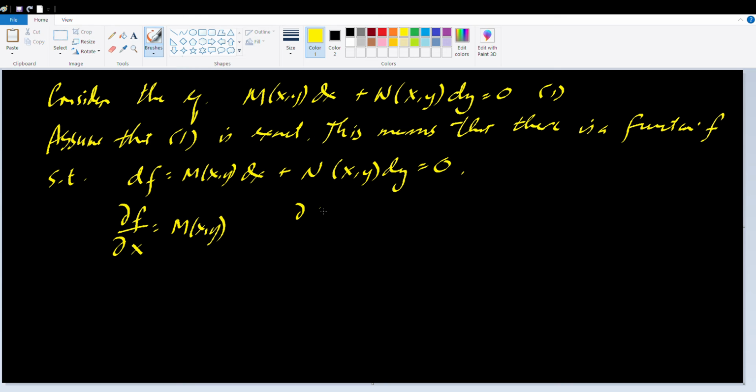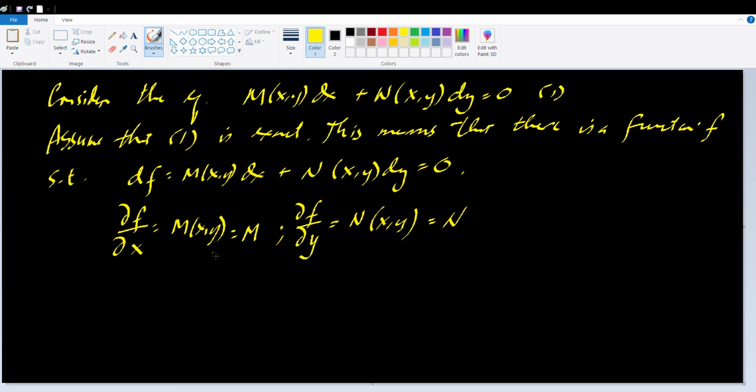Also, the partial of f with respect to y is equal to the coefficient of dy, which is N(x,y). For brevity, we can just write this as M and the other one as N.